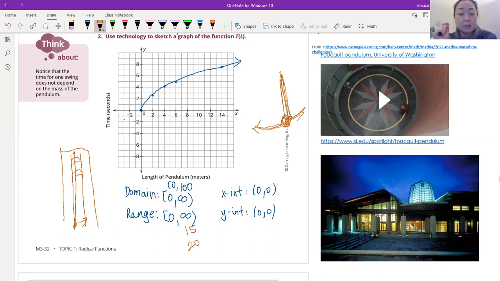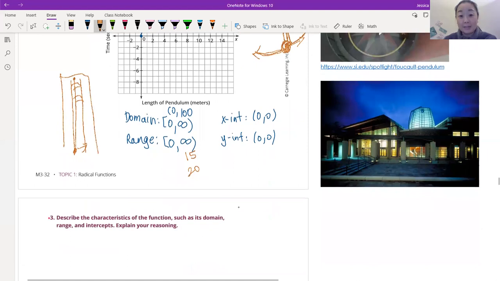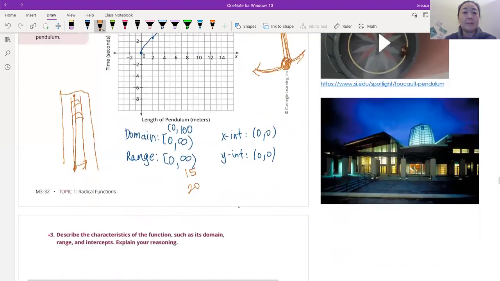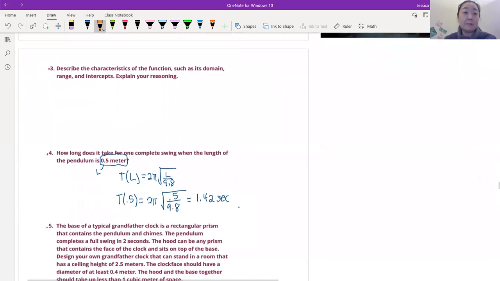When the length of the pendulum is 0, the time that it takes to swing is 0. It's kind of a moot point. It doesn't even make any sense. You would not ask that, right? I kind of want to say that shouldn't even equal 0 at this point, because why ask that question? But that's what the domain and range would be in theory, right?